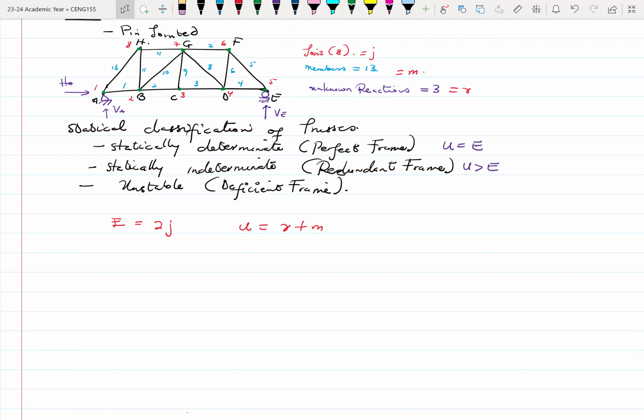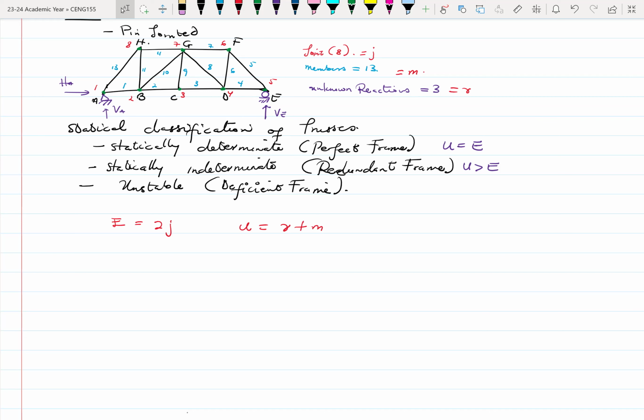One is to know the number of joints that we have, also the number of members, and also how many unknown reactions we have. If we want to know the total equations, we multiply the joints by 2. If you want to know the total unknowns, we add the unknown reactions to the members.